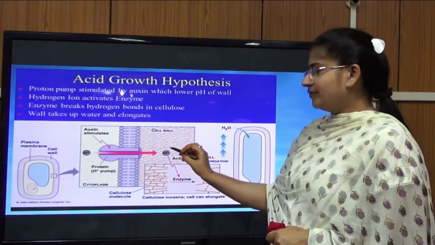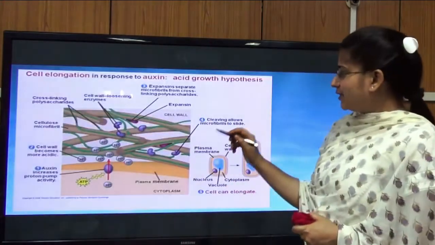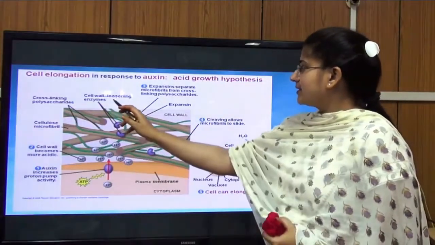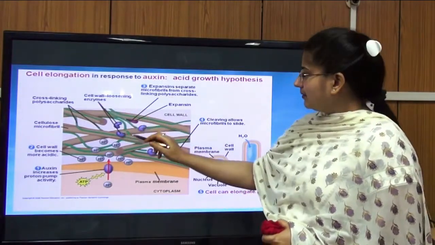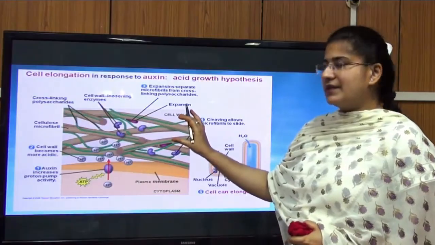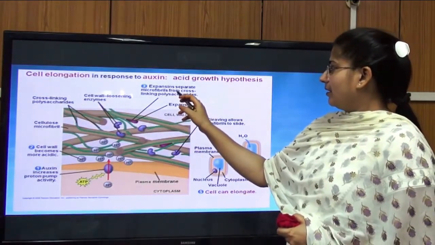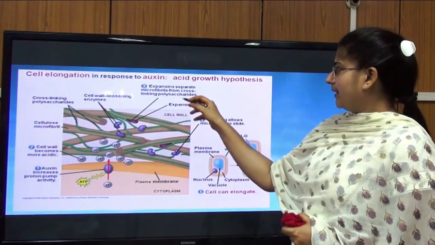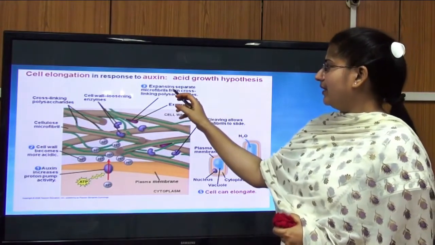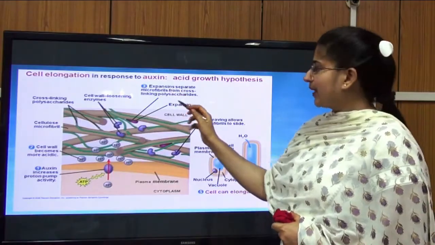Now what is the effect of this H plus? You see, this H plus will activate the cell wall loosening enzymes, and as you know that the skeleton of the cell wall is made up of polysaccharides, and the cross linkage of this polysaccharide has expansin protein in it. So what will happen?